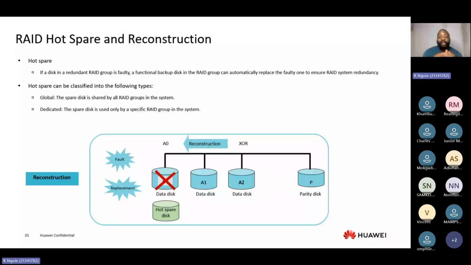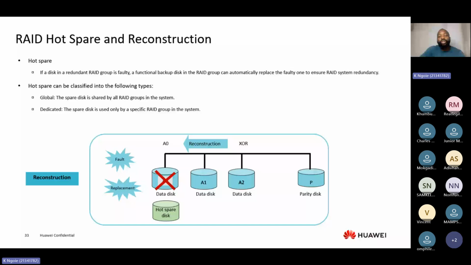So think of companies like Facebook or Instagram. You don't want them to have an issue with a disk and the whole system is down. So they need to have this type of system where when there's a problem with the disk, we have a hot spare disk that will replace that, and the data is rebuilt on it, and the clients may not notice what has happened.